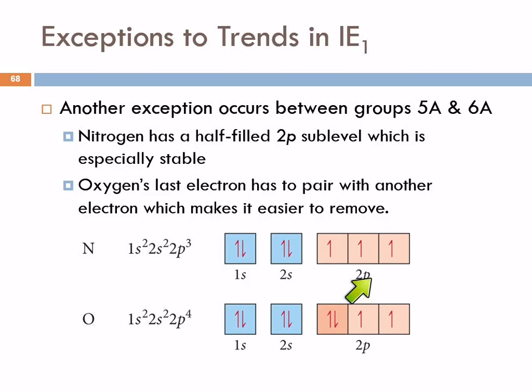And so nitrogen here is half full. It's like a bonus situation. Oxygen does not have half full. And so we're removing 1 electron. When we do that, we get half full. And so that's actually easier than for the nitrogen, which is opposite of what we expect. I'm not going to expect you to be on top of all these little exceptions, but I just want to tell you they are there, and this is why. There is a reason.